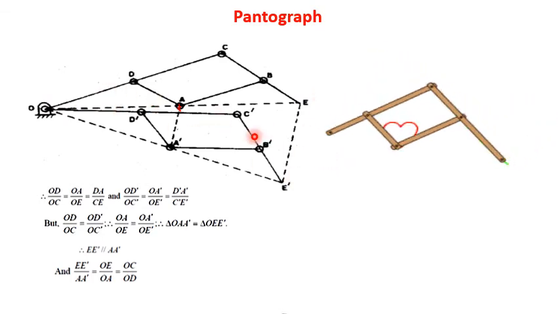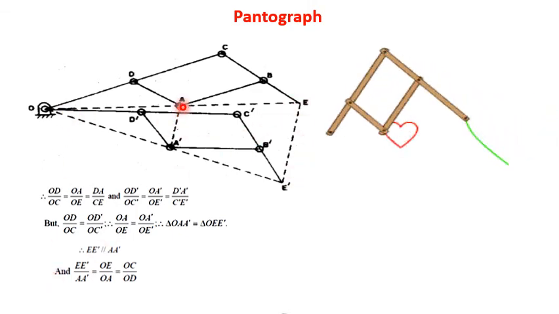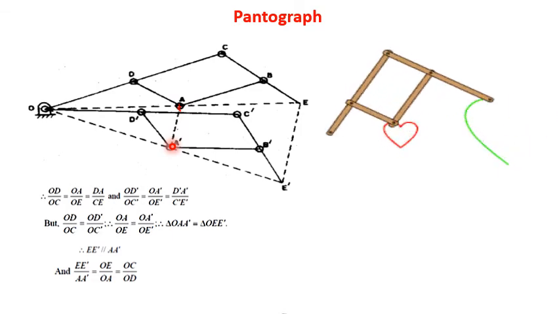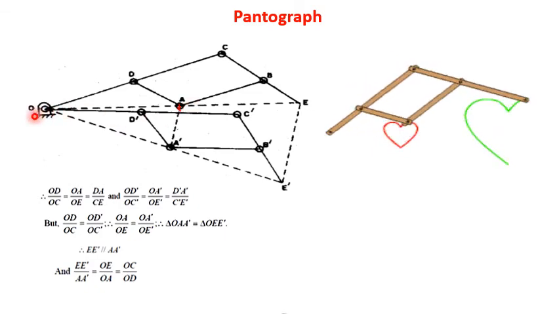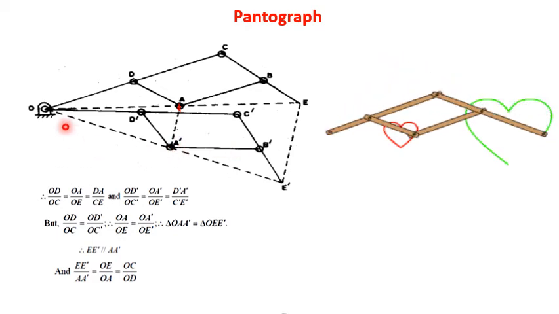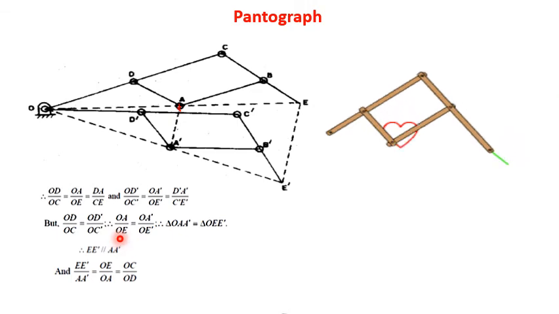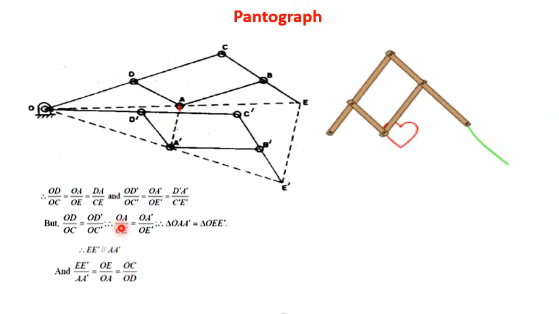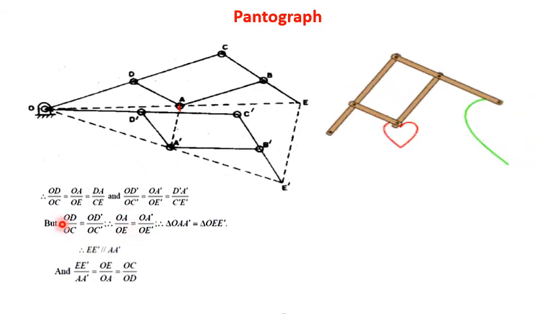Therefore from these two similar triangles, side EE dash divided by AA dash is equal to OE divided by OA, which can be written as OC divided by OD.